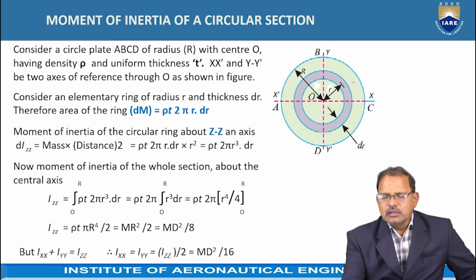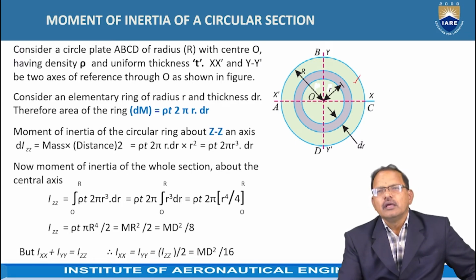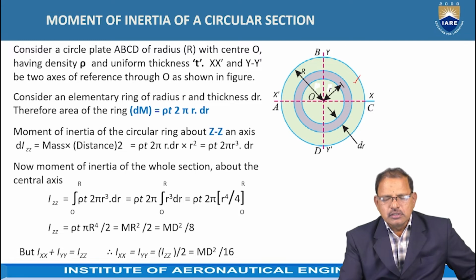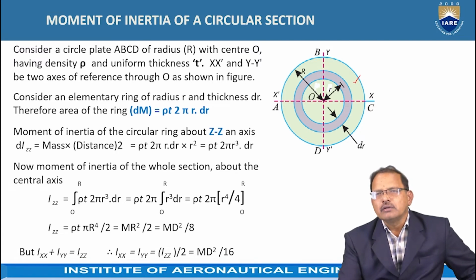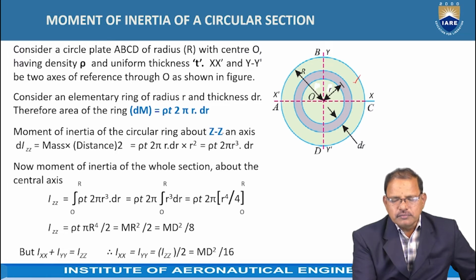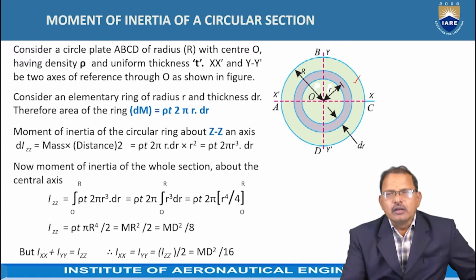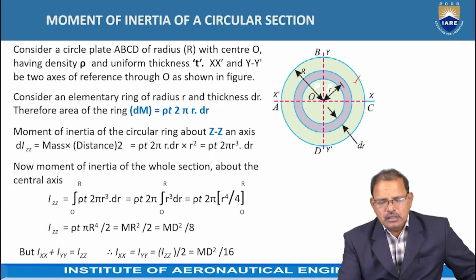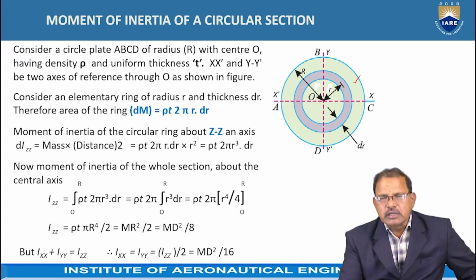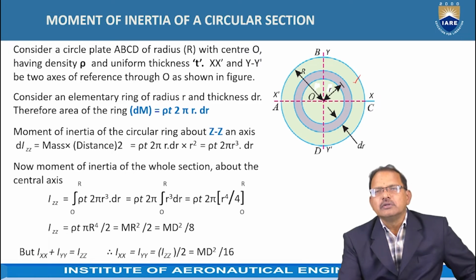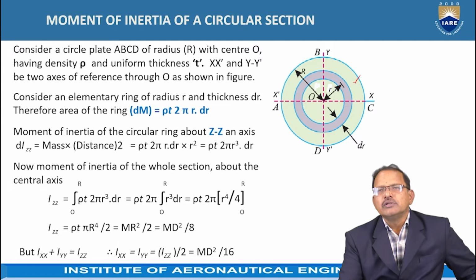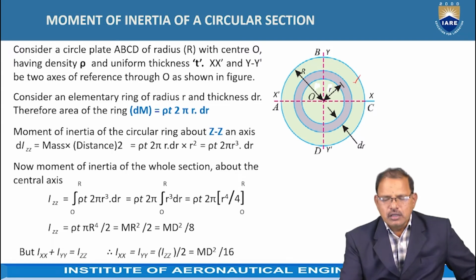Then the mass of this strip is equal to area multiplied by thickness, that is the volume, multiplied by its density, which is rho T times the area of the ring, 2 pi r dr. Now the mass moment of inertia of the elemental ring about the z-axis is given by the mass multiplied by the square of the distance, that is dm into r square, where dm is equal to rho T 2 pi r dr, so it is rho T 2 pi r cube dr as shown in figure.